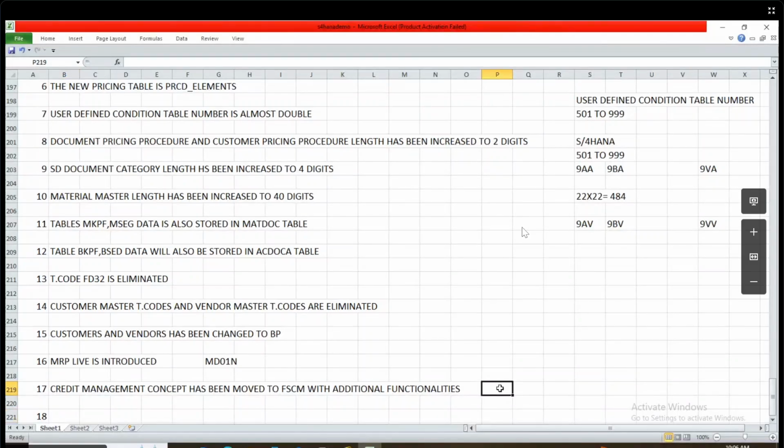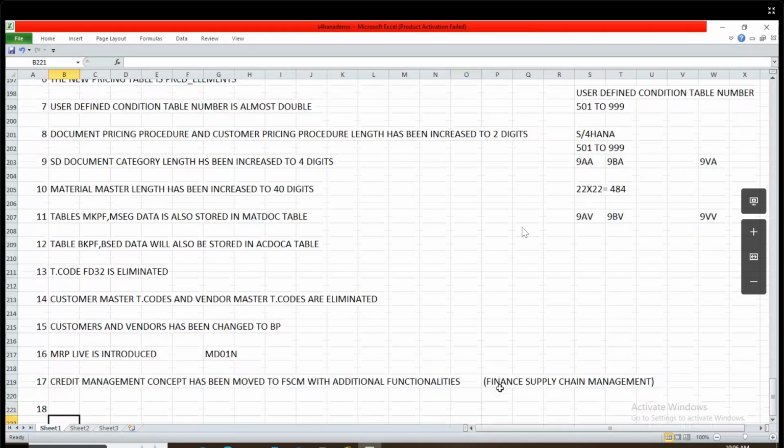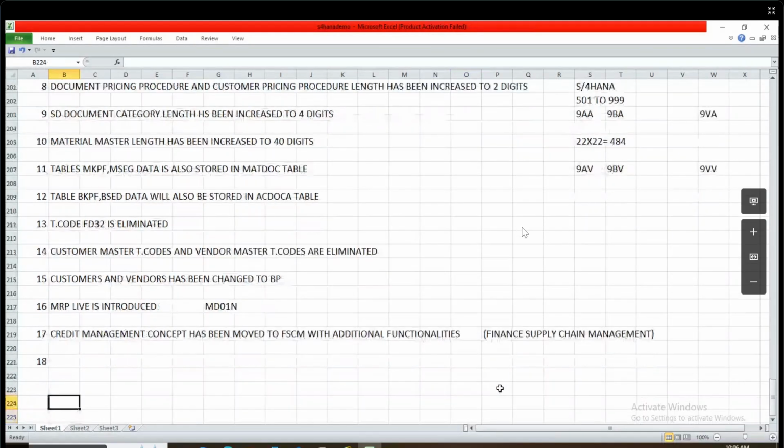FSCM means Finance Supply Chain Management.